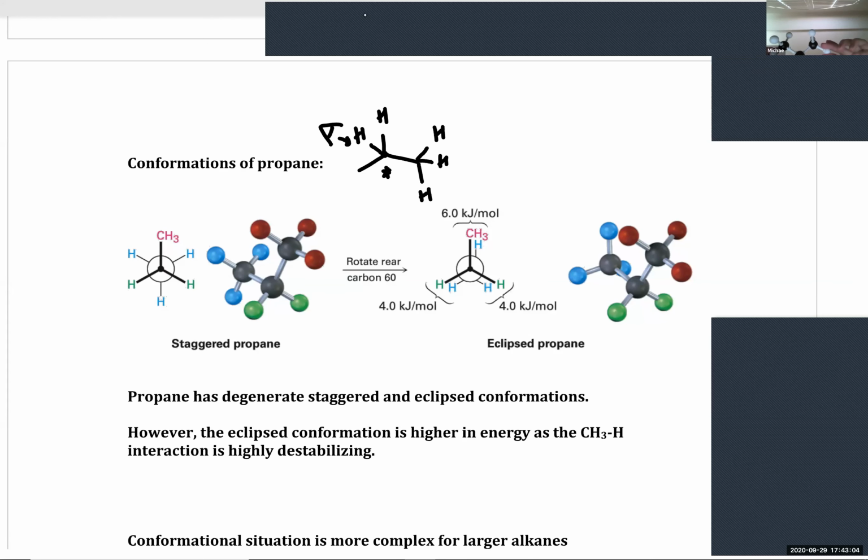Okay, here we go. So here's our model of propane. We are going to arbitrarily look down this carbon here. As we can see very clearly, we have our methyl group, with our 2 hydrogens in the front and our 3 hydrogens in the back.